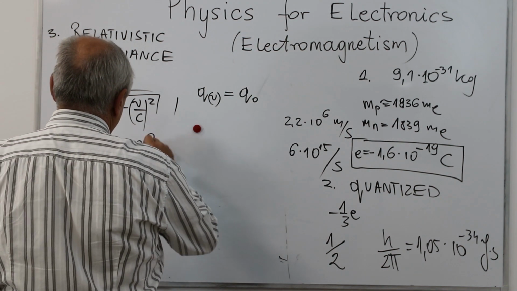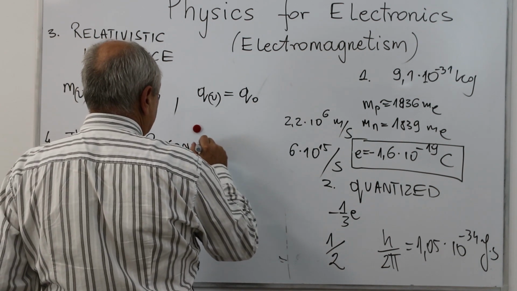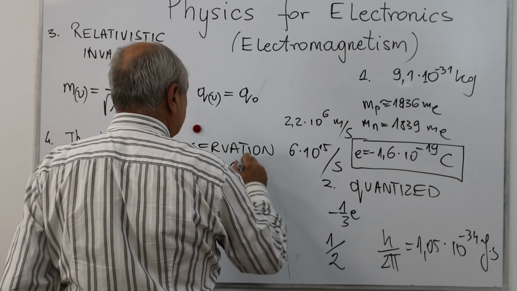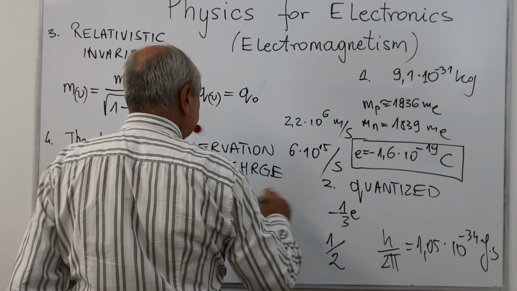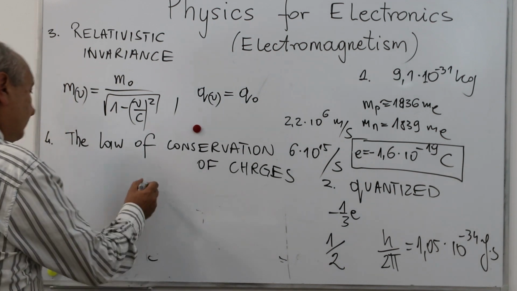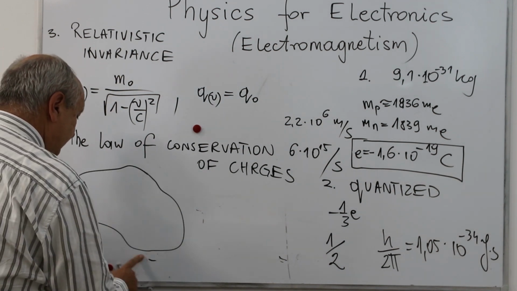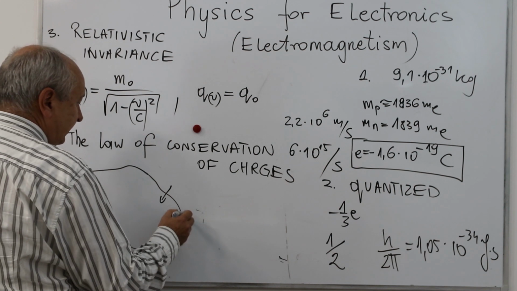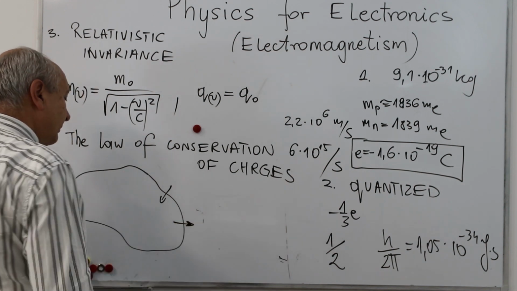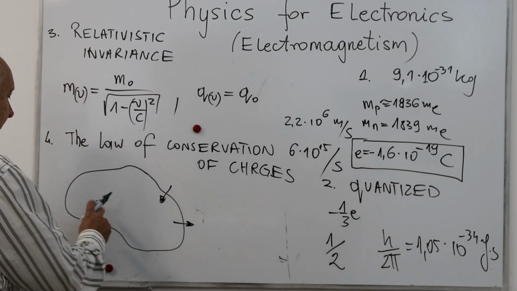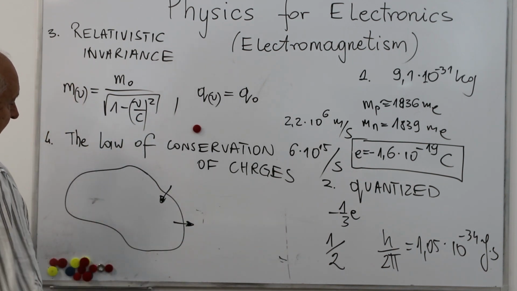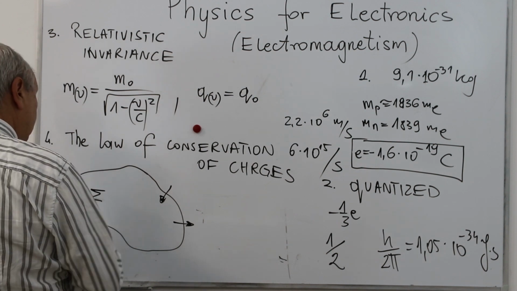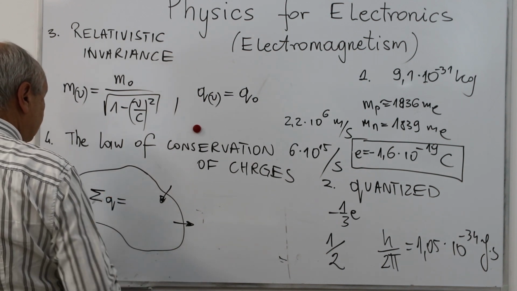In an isolated space, isolated means that charges don't pass inside and as well do not pass away from this isolated part of space, the algebraic sum of charge can't change.